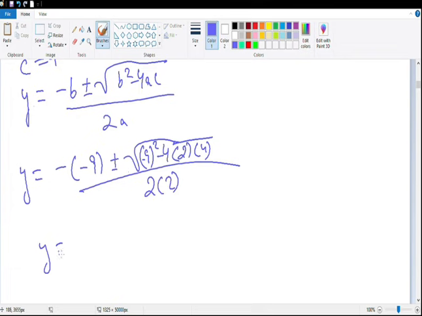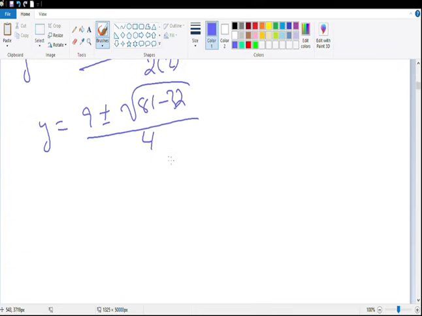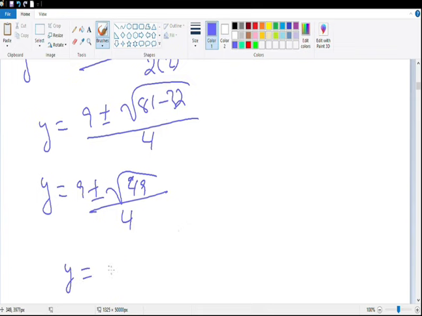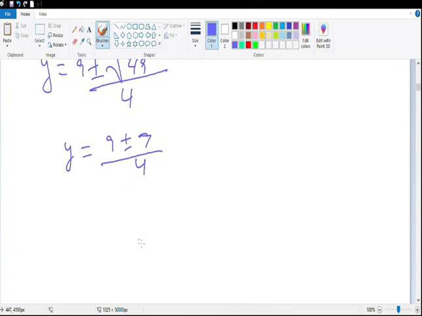So y is equal to 9 plus minus square root of 81 minus 32 divided by 4. So y is equal to 9 plus minus square root of 49 divided by 4. And y is equal to 9 plus minus 7 divided by 4, because the square root of 49 is 7.